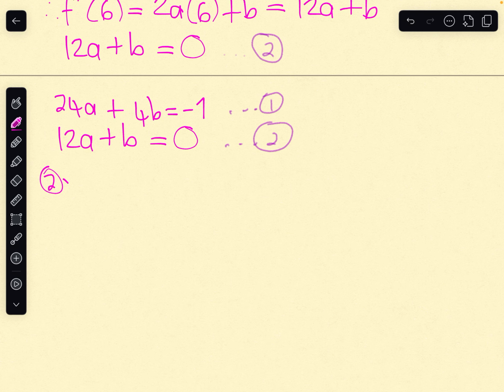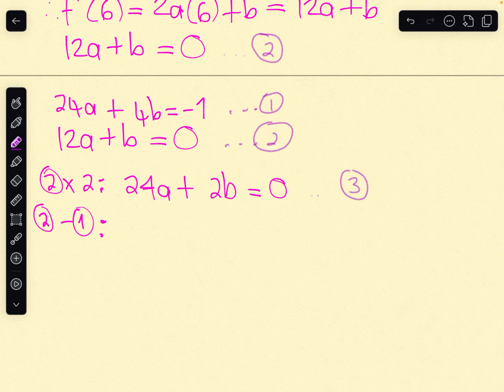So I'm going to times the second equation by 2, so that will be 24a plus 2b is equal to 0, and then we subtract the first equation. Well, I would label this my third equation, even though it's the same as the second one. So I'm going to subtract equation number 1 from equation number 3.